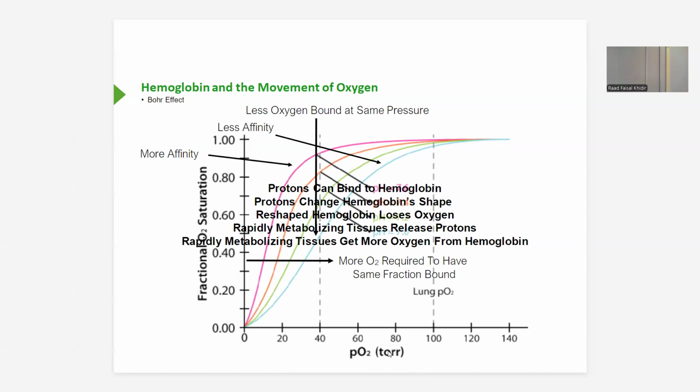So this graph is going to tell you that if the demands multiply, so now you're not only dealing with a shortage of oxygen, now you're dealing with shortage of oxygen, metabolic waste, and hydrogen proton concentration, you will now, as hemoglobin, lose more oxygen at the same partial pressure.